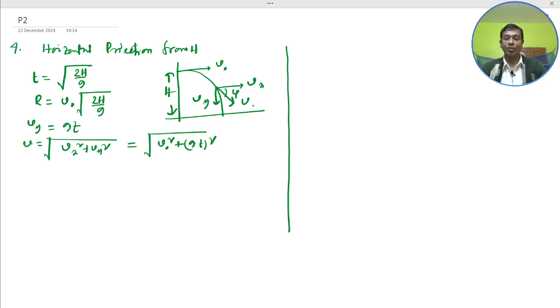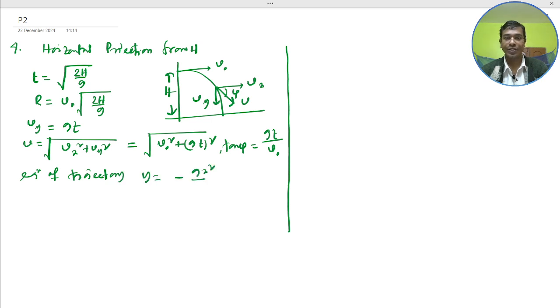So the angle phi of the velocity v is tan phi equal to gt by v naught, and the equation of trajectory here is y equal to minus gx square by 2 v naught square. This is case 2.